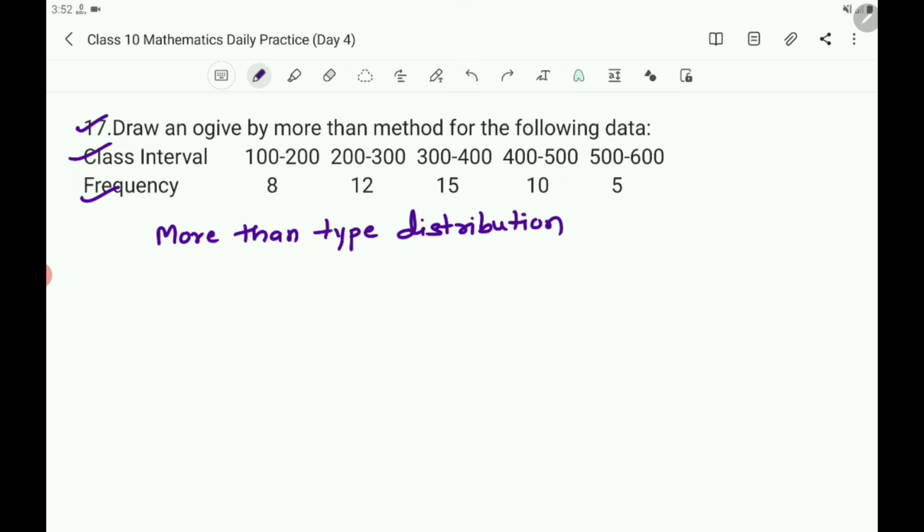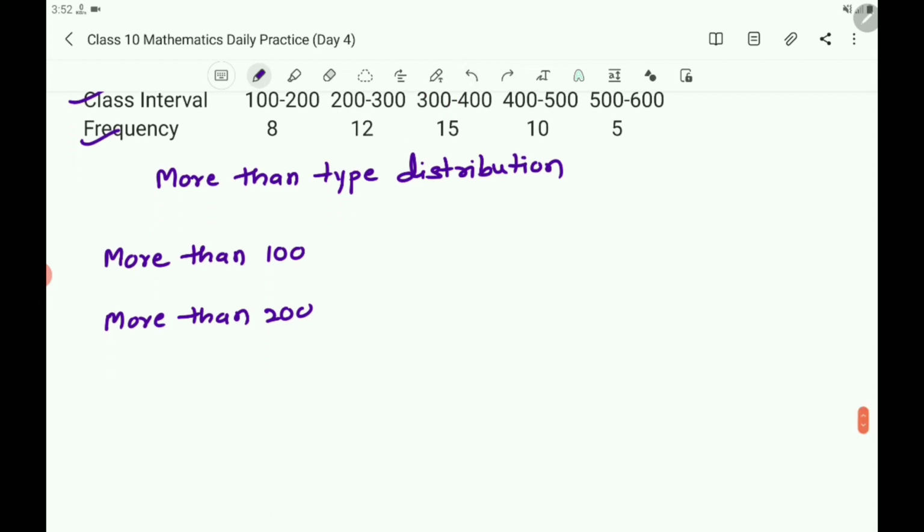So you take more than 100, more than 200. Then you write more than 300.